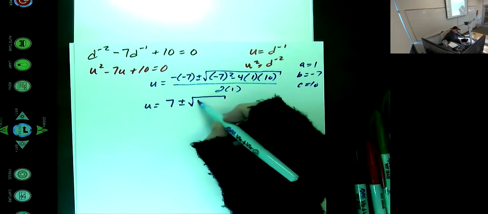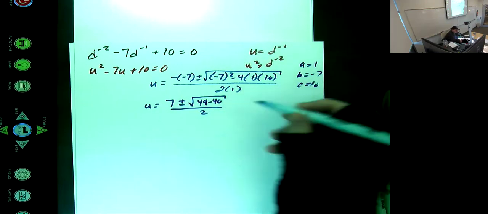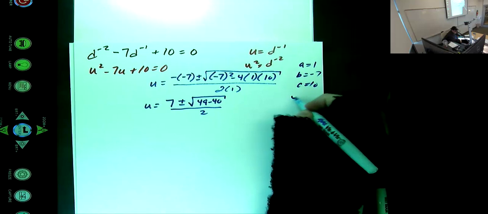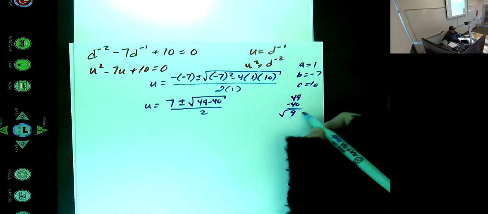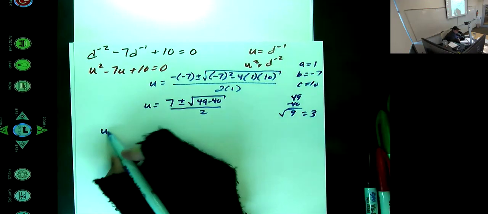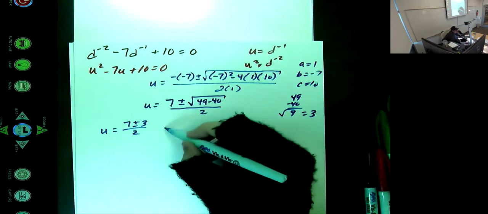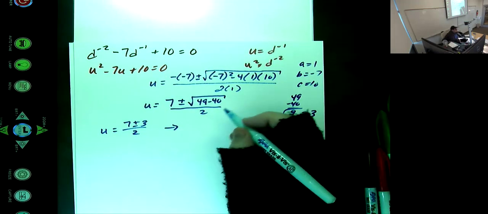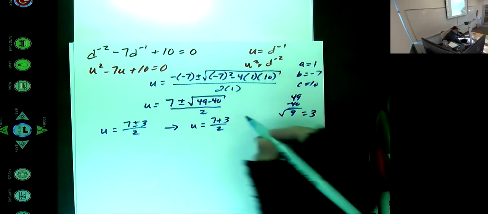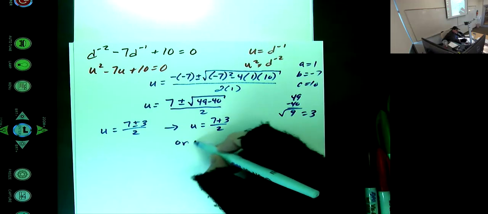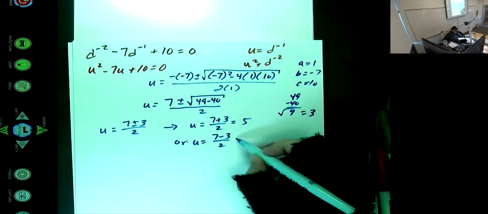This is 49 minus 40 over 2. 49 minus 40 is 9. And square root of 9 is 3. So u equals 7 plus or minus 3 over 2. Here you actually have to split them up. Ten over 2 is 5, and 4 over 2 is 2.